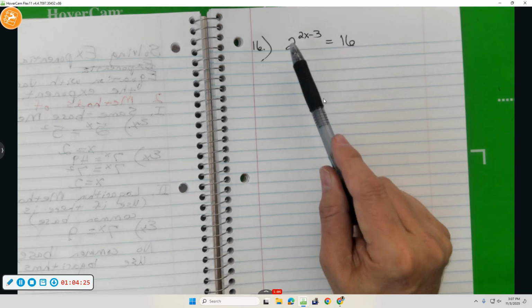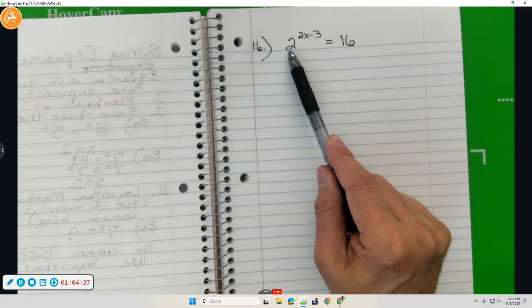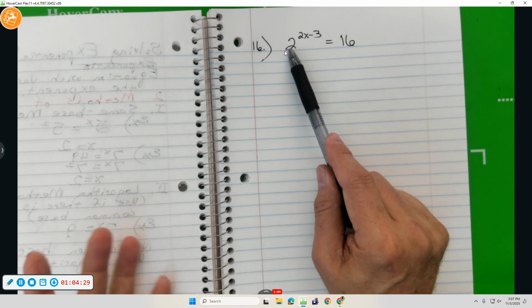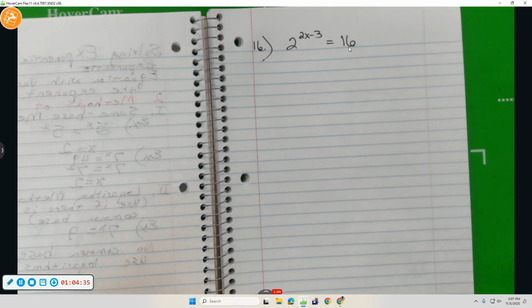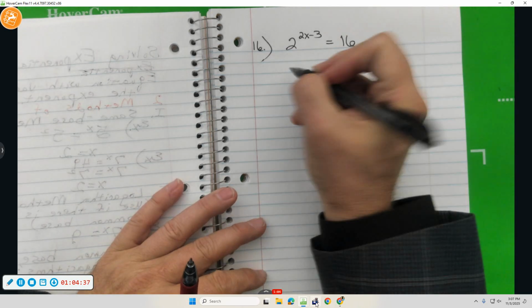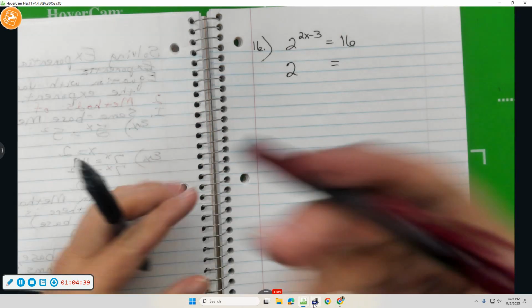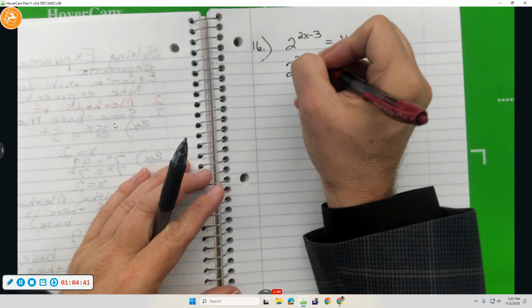I start with the smaller base. Well, 2 is a prime number, so I'm not going to change 2. I better be able to change 16 so it's a power of 2. We have 2 to the 2x minus 3.